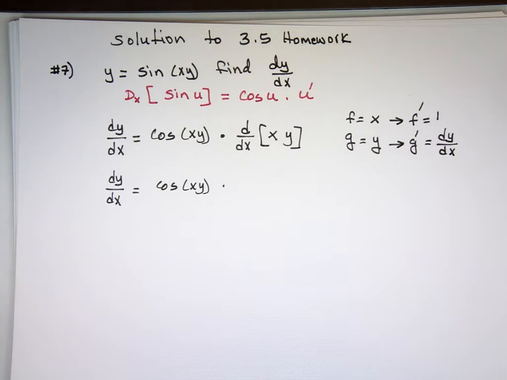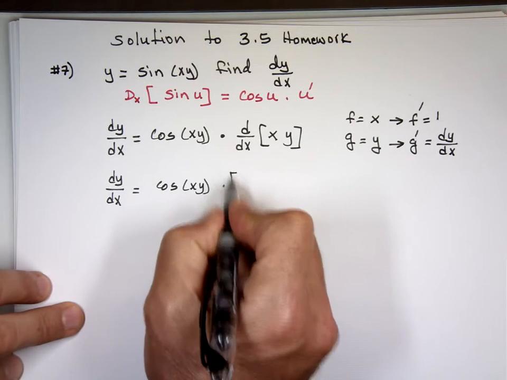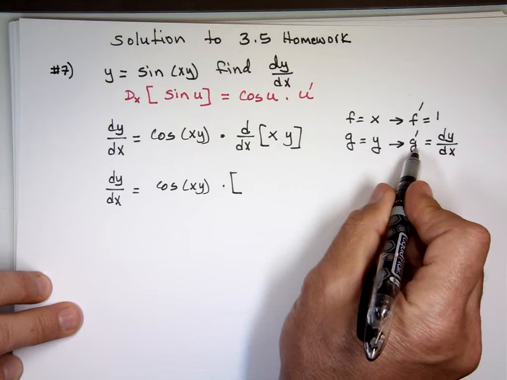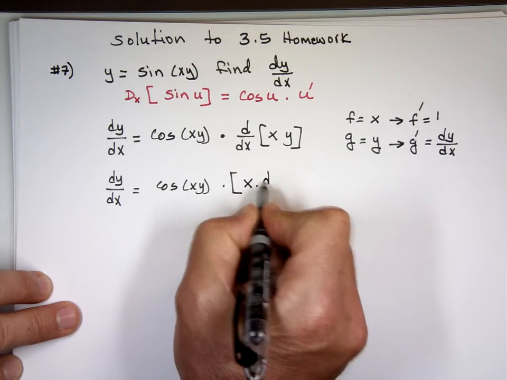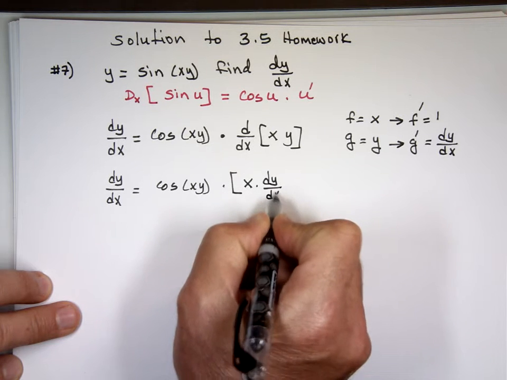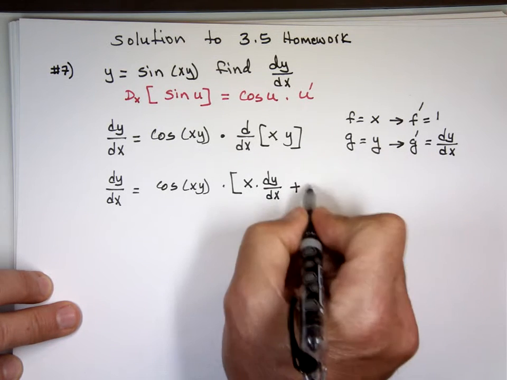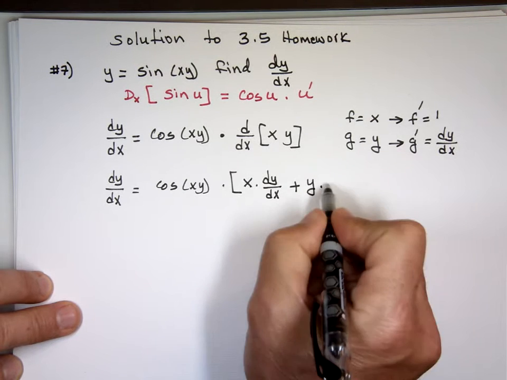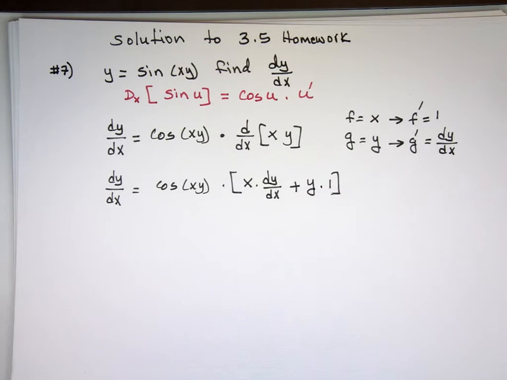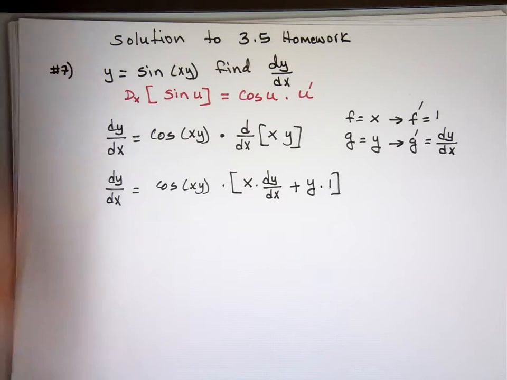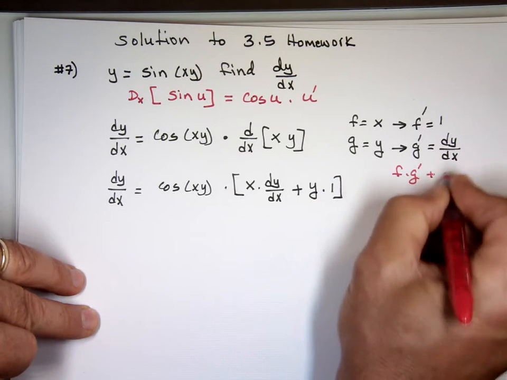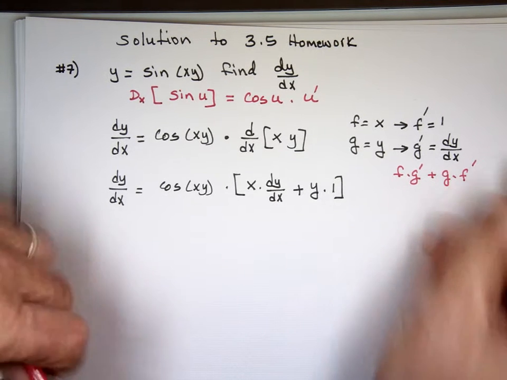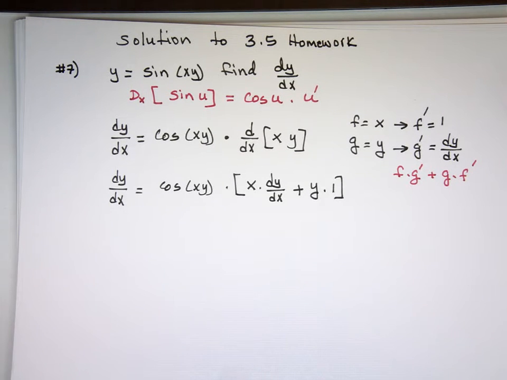So the product rule says f times g sub prime: x times dy dx, plus g, which is y, times f prime, which is 1. In case you forgot, for the product rule, it's f times g sub prime plus g times f prime. That's how I came up with that.